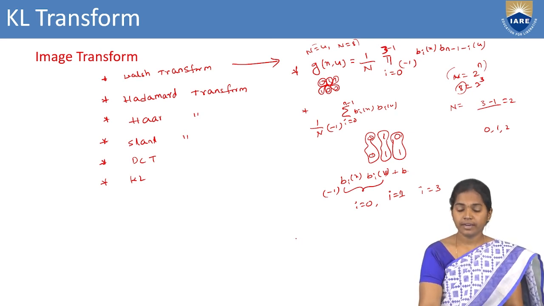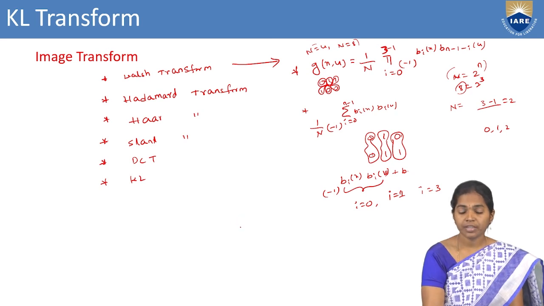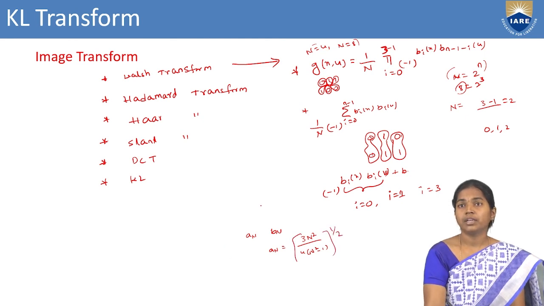And when we go for slant transform, how to find the slant transform? In this slant transform, we need to consider the constants an and bn. How to calculate the an and bn values: an equals 3n square by 4 of n square minus 1, whole power 1 by 2. bn equals n square minus 4 divided by 4 of n square minus 1, whole power 1 by 2.